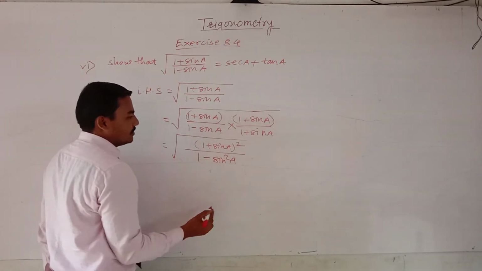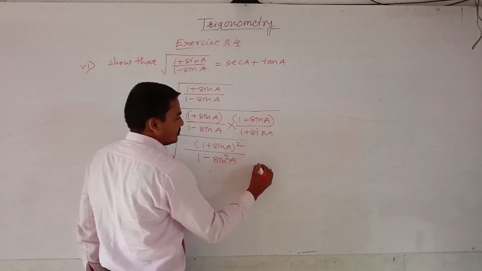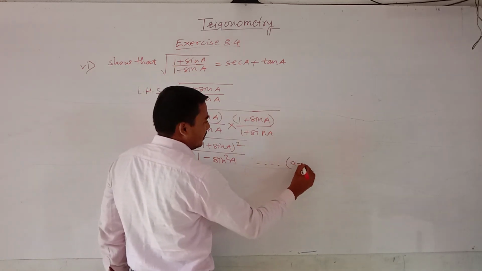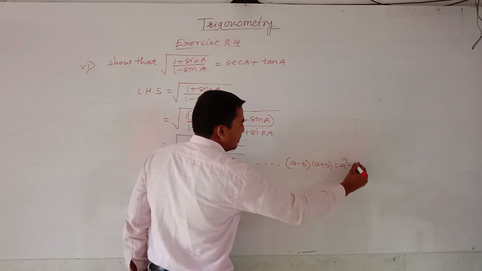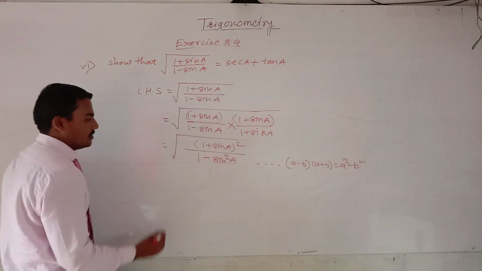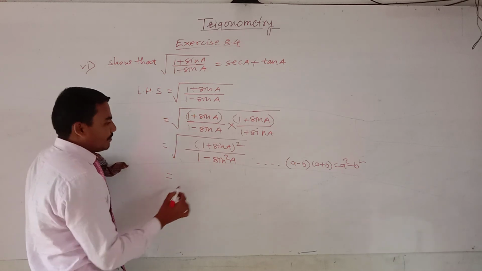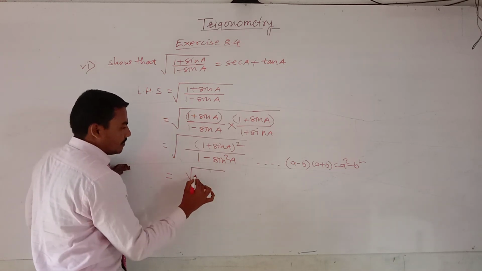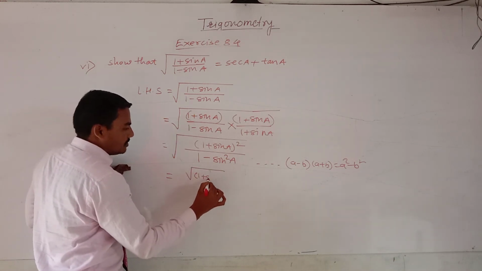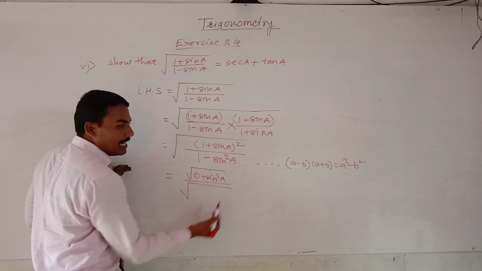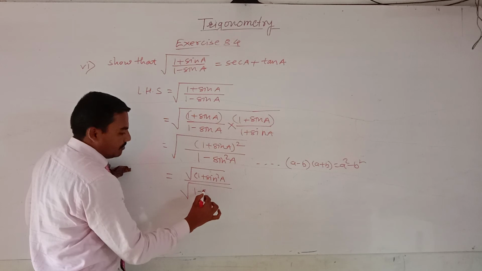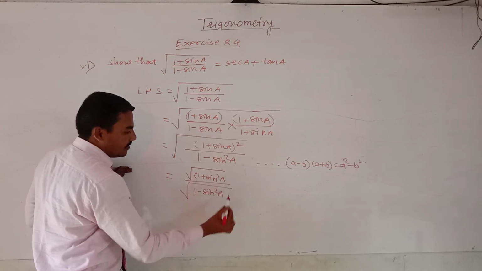Yes or no? So here reason, A minus B, A plus B, which is equal to A square minus B square. Now 1 minus sin square A. I have given square root separately.